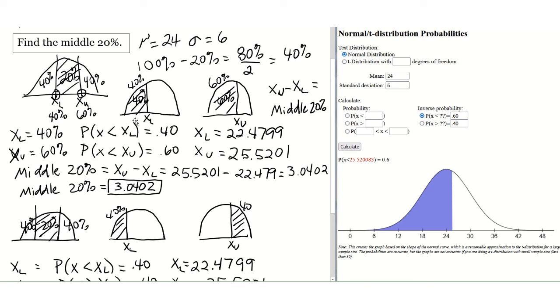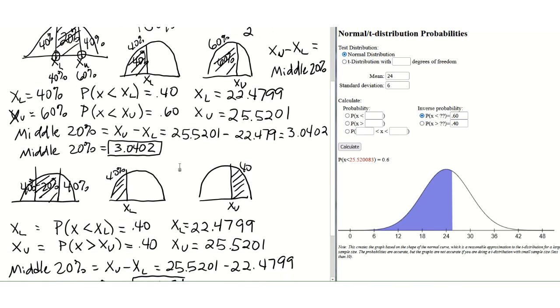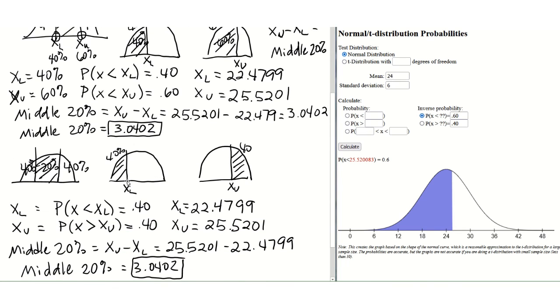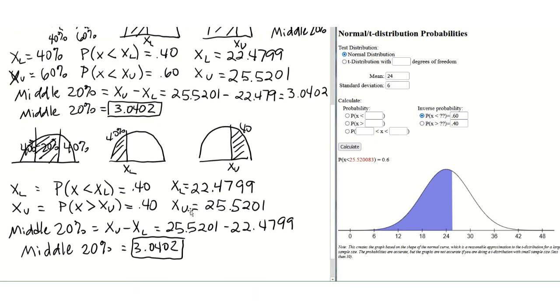And then you can either take the difference of two left-tailed percentages, or you can take the difference between the lower percentage and the upper percentage. Those are going to give you the exact same probabilities.